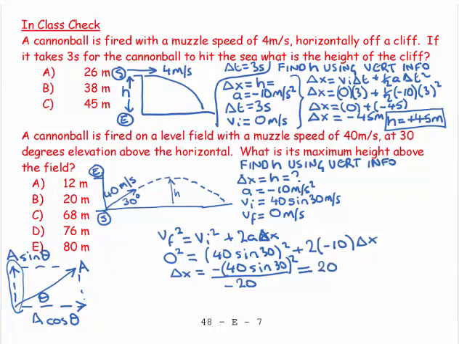Be very careful with your calculation. Make sure you're comfortable using your calculator. This would be positive and this would be meters. So if my displacement is 20 meters upwards, that means my height must equal plus 20 meters.